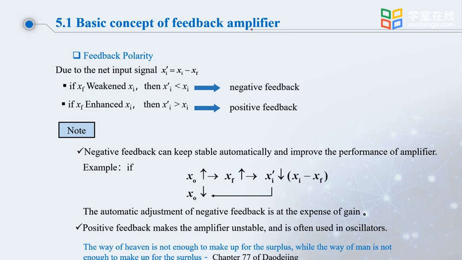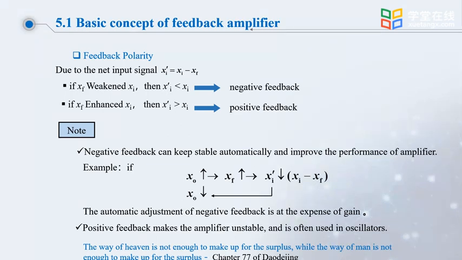Negative feedback brings our system automatic stabilization, so it is very widely used in electronic circuits. It is essentially impossible to find an actual complex circuit that does not use it.